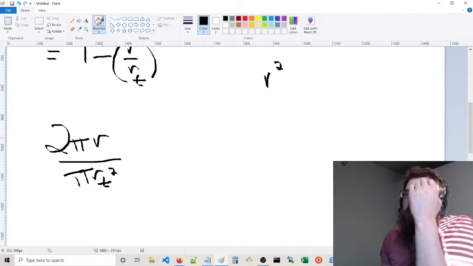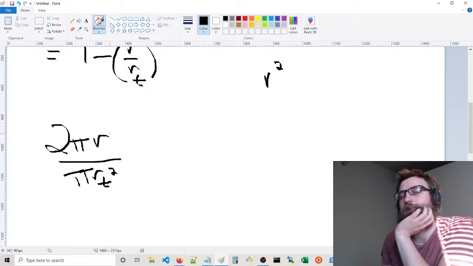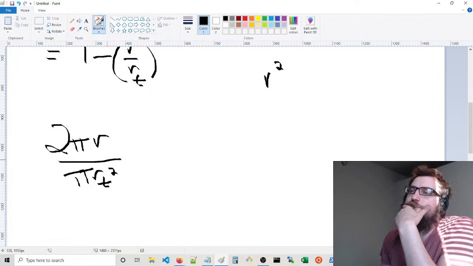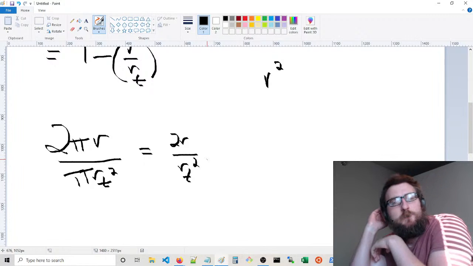Well, okay, we can make r between 0 and r sub t and make r sub t 1, but we don't really necessarily want to do that. So this gets 2r over r sub t squared. Okay, but how does that help us?